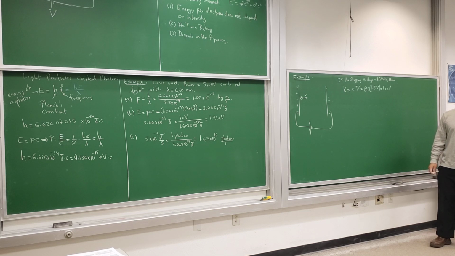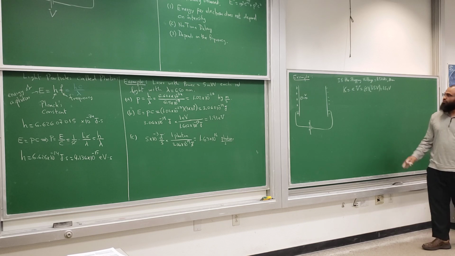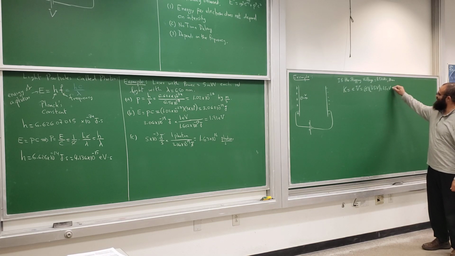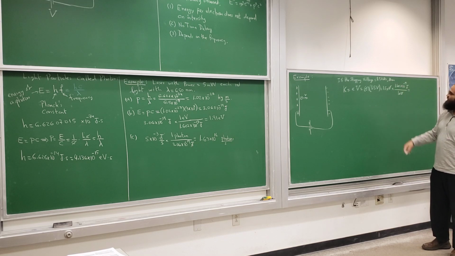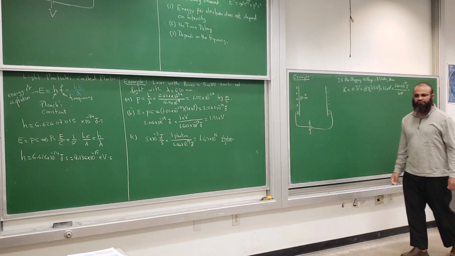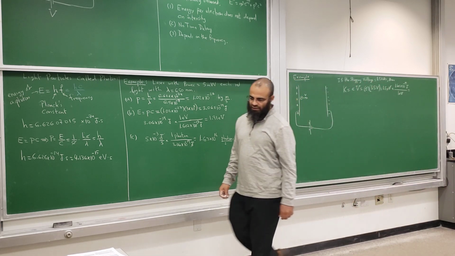1.5 eV. We can change this to joules. Who can tell me again what to do? We multiply by 1.602 times 10 to the negative 19 joules for every 1 eV, like so? Yeah. So this goes away. And 1.6 times 1.5. Let's see what we get.